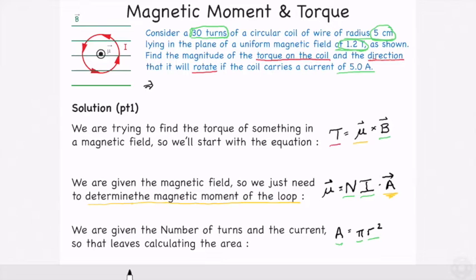Putting it all together, we can now calculate the magnitude of the torque to be equal to the magnitude of the magnetic moment vector times the magnitude of the B field times sine of the angle between those two vectors.